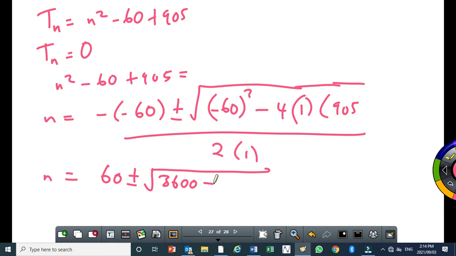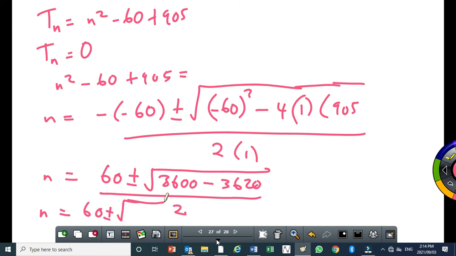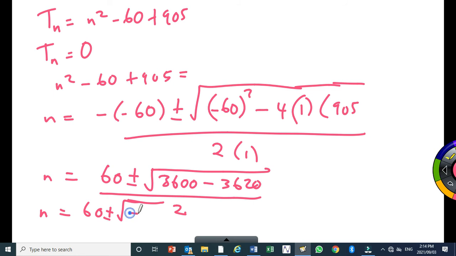What is 4 times 905? It is 3,620. This is all over 2. So this will give you 60 plus or minus the square root of minus 20, all over 2.